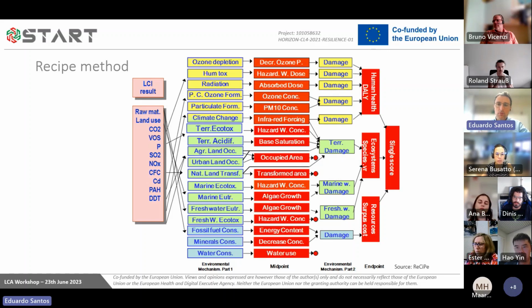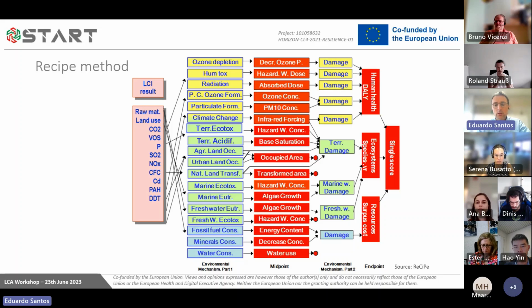As you can see from left to right, you have the LCI results, so you have the substances accounted for. Those substances can be transformed into the environmental mechanisms of the different categories that can then be transformed into midpoint indicators. So they are problem-oriented indicators.